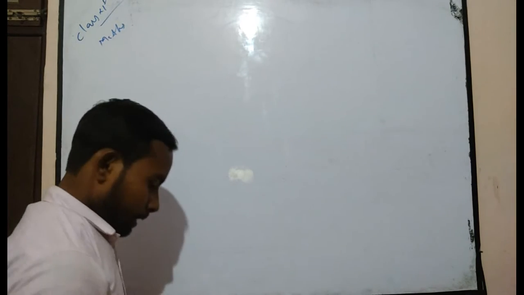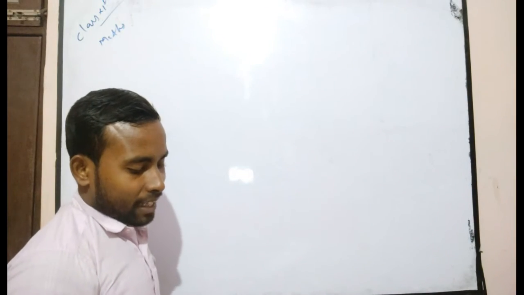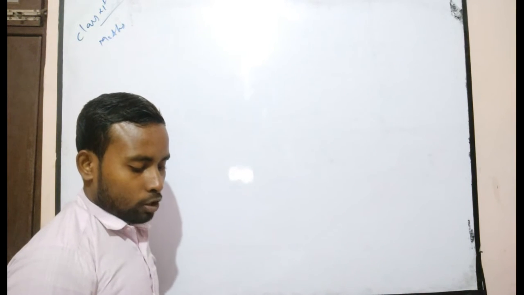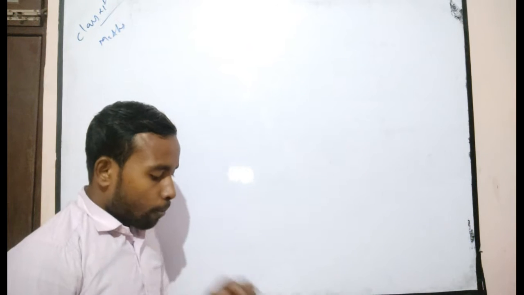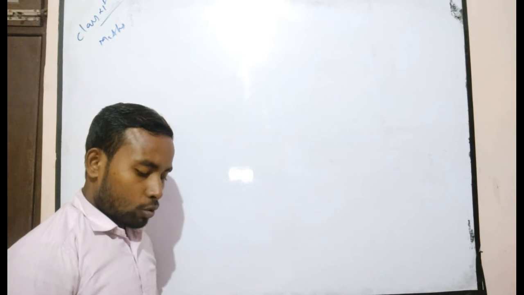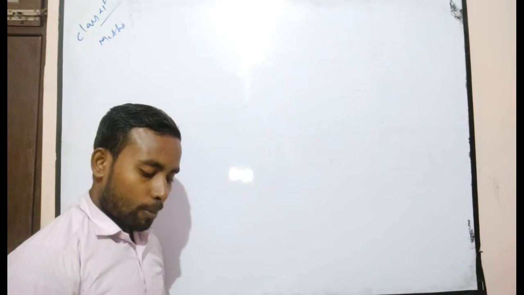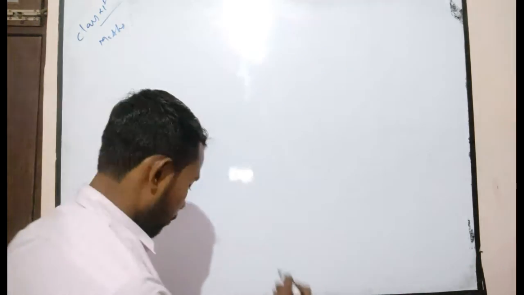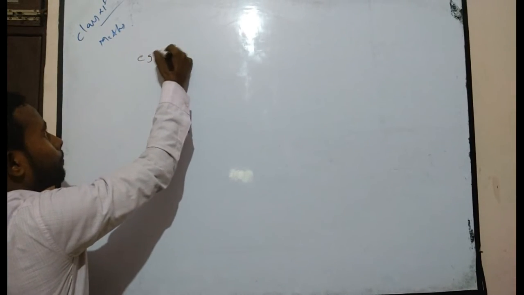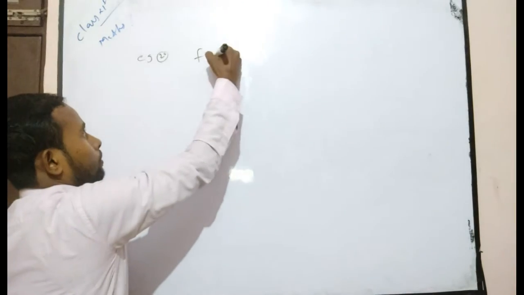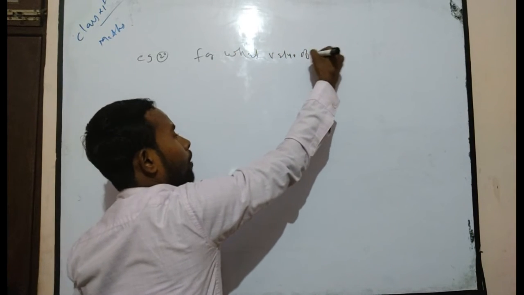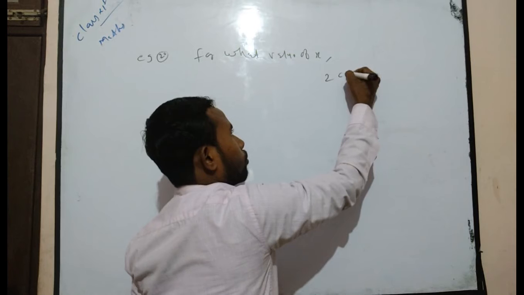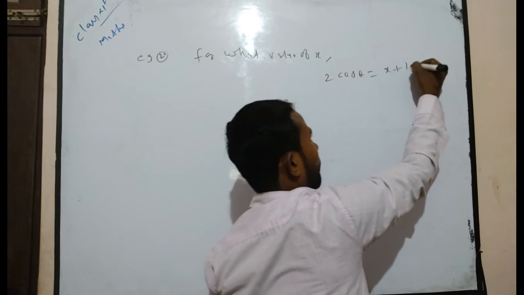In the next problem, it says: for what value of x is the equation 2 cos theta is equal to x plus 1 by x possible? In this problem, example 20, for what value of x is 2 cos theta equal to x plus 1 by x possible?